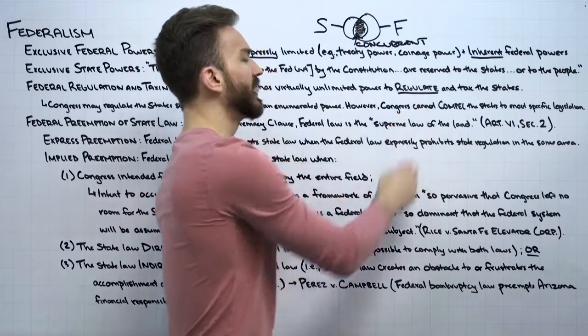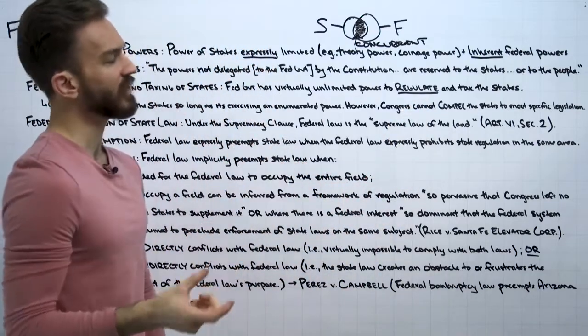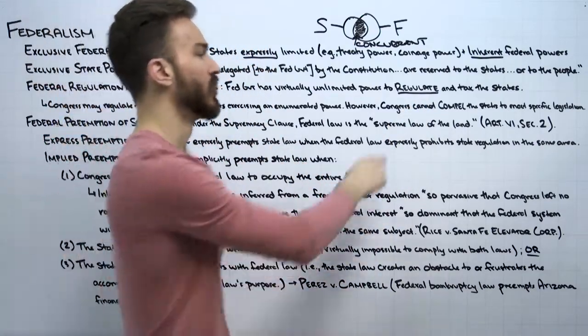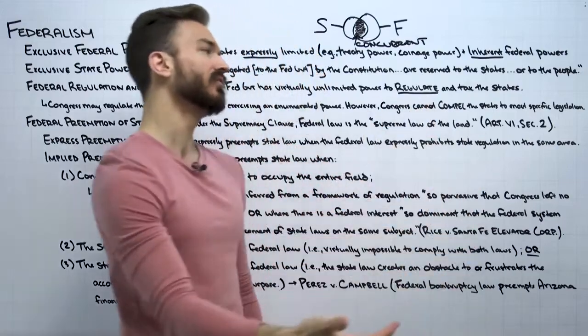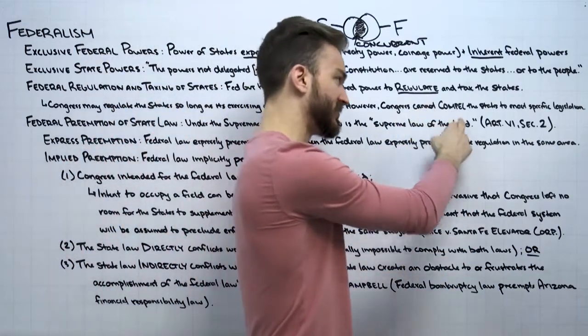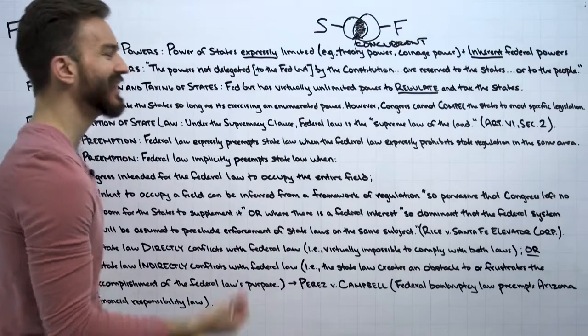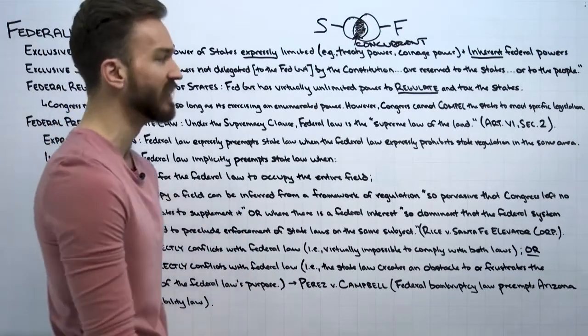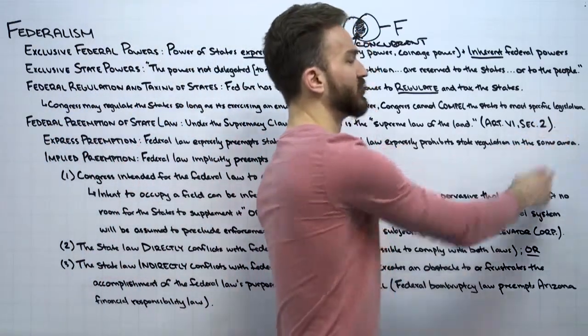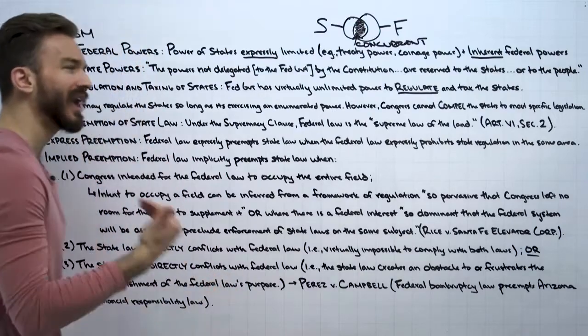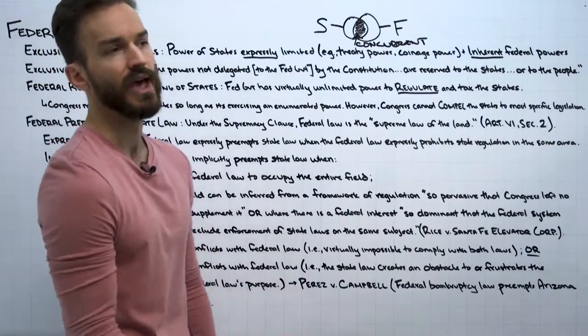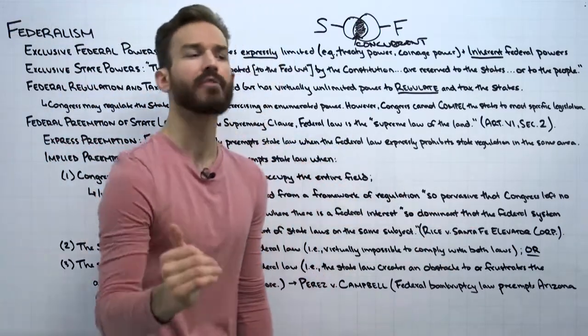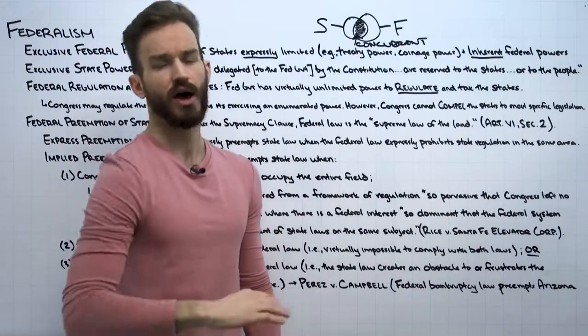And what I was getting at is there's a difference, right? We need to make a distinction between regulating state activity and compelling state activity. Congress cannot compel the states to enact specific legislation. Congress cannot tell the states, hey, all of the states, you have to have a minimum drinking age of 21.